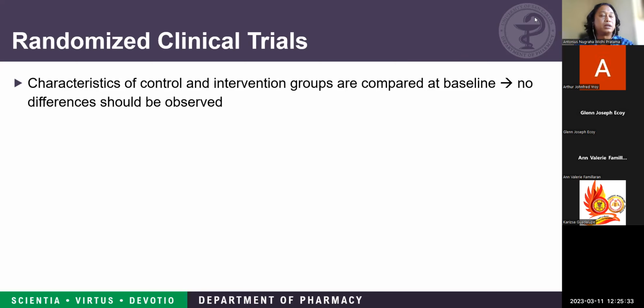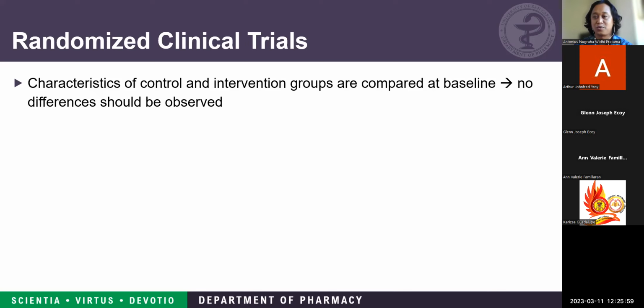Depending on the data type, we can use parametric or non-parametric statistical analysis to compare the groups. If there is a difference between groups in one factor or something, then we need to be aware of that. Okay. But if there is no difference, then it's fine.